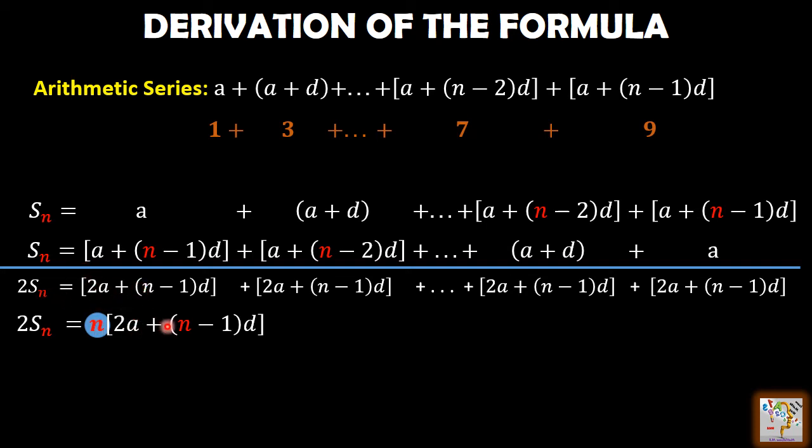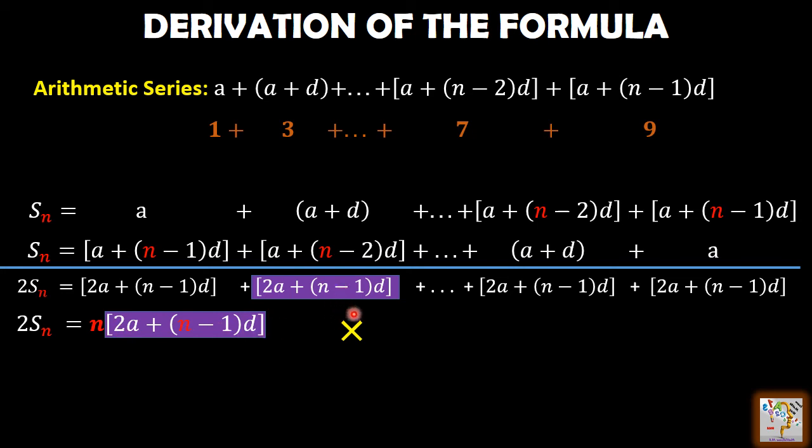By 10. But in this case, what is our 10? We take that n and multiply by our 10, and our 10 in this case is this part: 2a plus n minus 1 into d. So it is n multiplied by 10, like 5 multiplied by 10. Our 5 is n, our 10 is 2a plus n minus 1 into d.